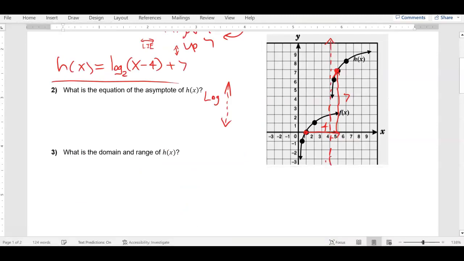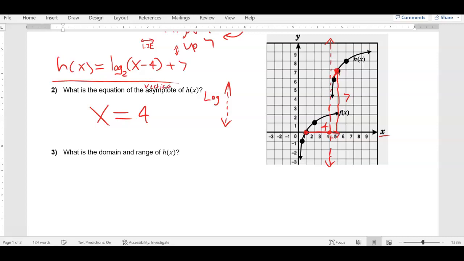So what is that vertical line? That vertical line, that h of x is going down and never touching, goes through this number right here, which is 4. And since it goes through the x-axis at 4, you put x equals 4, for the vertical asymptote.